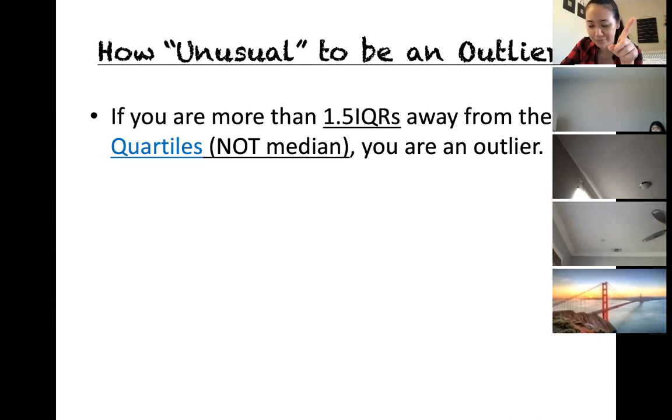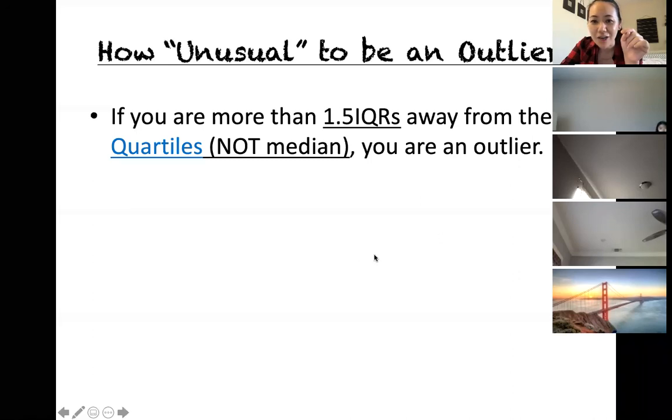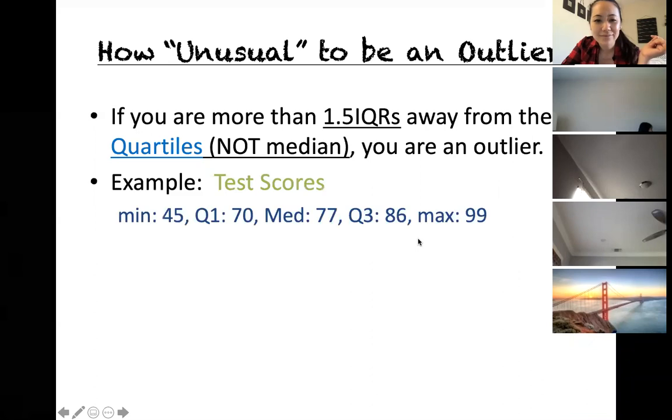One way to tell is if you are more than 1.5 IQRs away from the quartiles, then you are considered weird enough to be an outlier. Let me show you an example so you can see this rule in action.